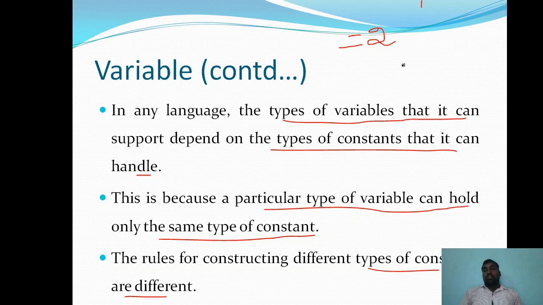Now coming to a fractional value, it must contain at least one digit and at least one dot symbol, and it may or may not have the sign symbol. So the rules for constructing character constants, integer constants and fractional constants are all different from each other.